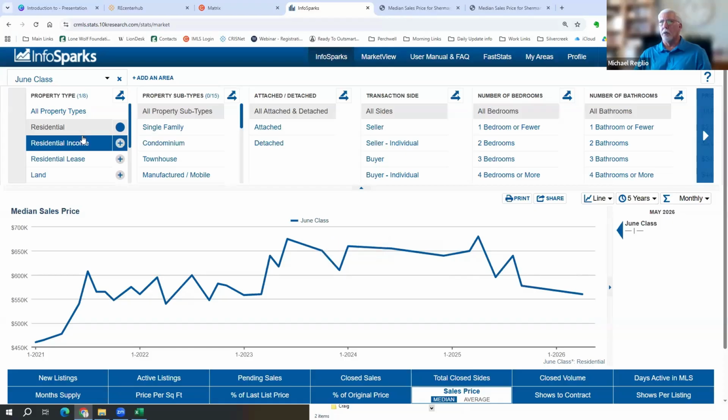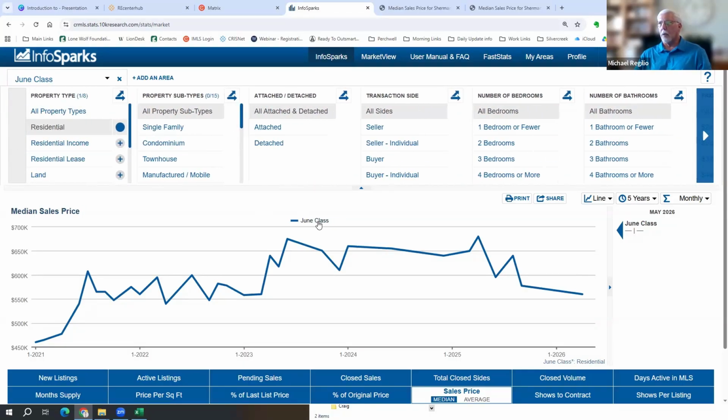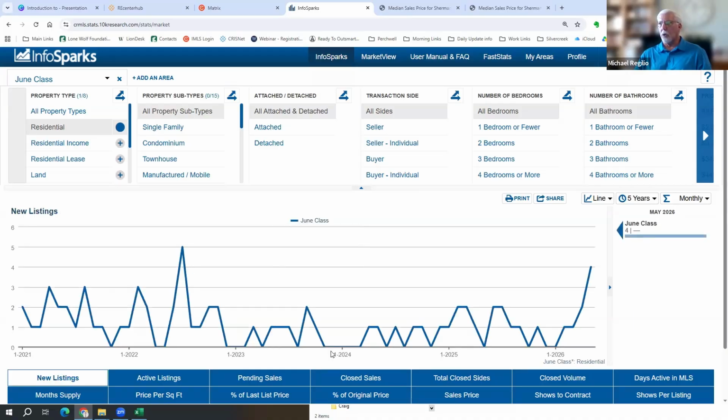I choose my filters: property type, sub-property type, and any of these other ones if they become important based on what I'm trying to analyze. Then I can go through, and each one of these charts is going to be something that is shared separately and prints separately.